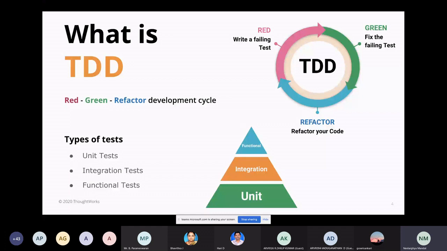There are multiple different ways in which unit tests are done, by using different methodologies like mocks, stubs, spies, and all. We'll look into those in a bit more detail later on. And finally, we come to functional tests. Functional tests are essentially your end-to-end tests, tests that see the entire flow of functions inside your application.